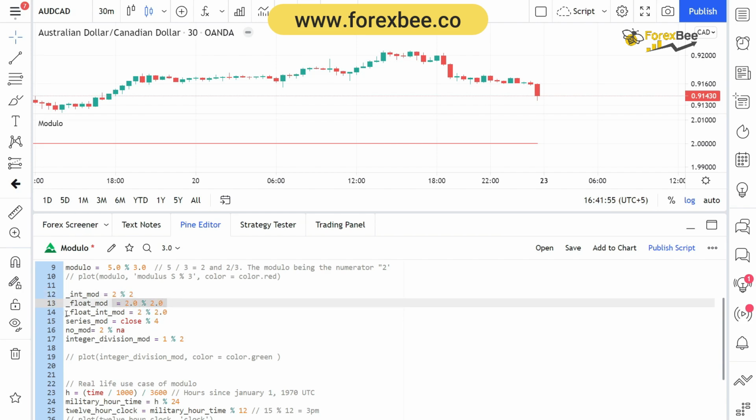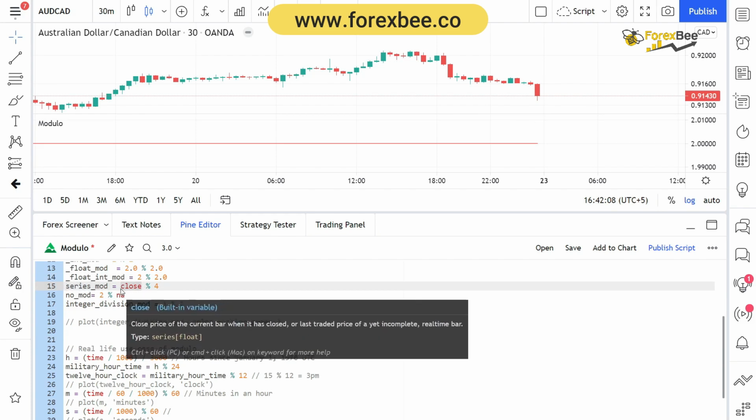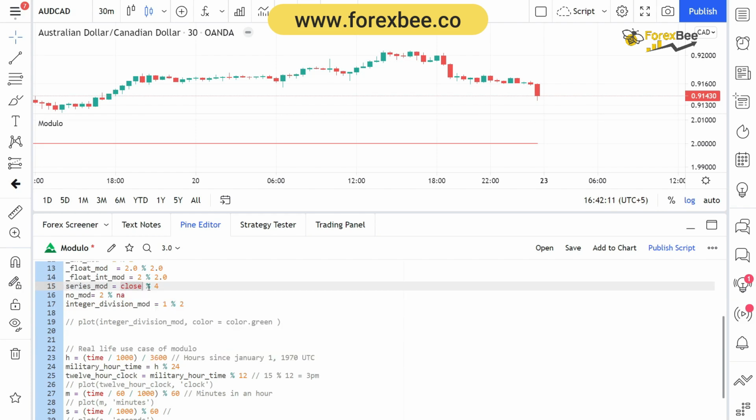Whenever we take the modulo of 2 by 2.0, the result again would be a float, 0.0. We can also use this in series mode. We can divide the close series by 4 and find the remainder, the modulo of this expression.